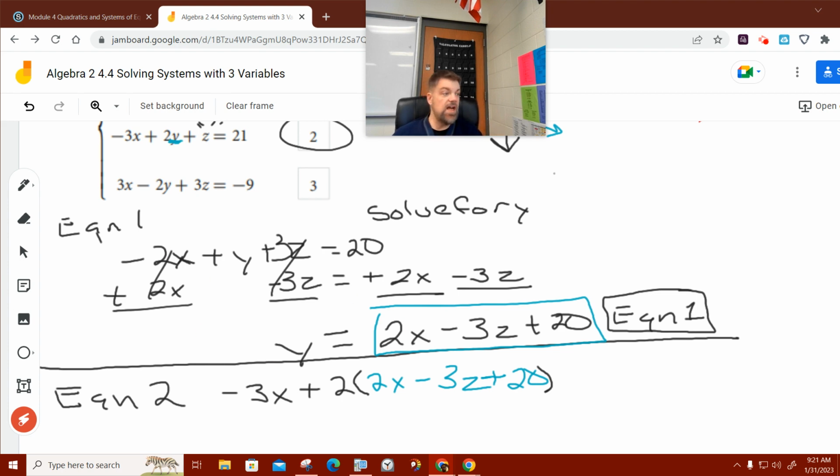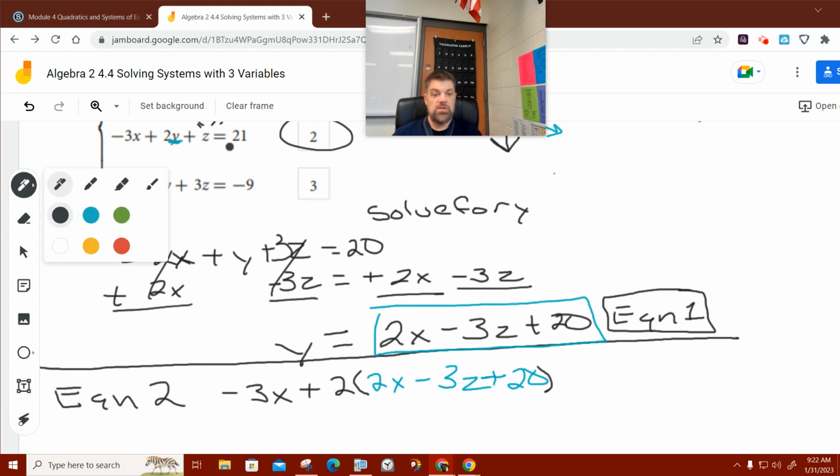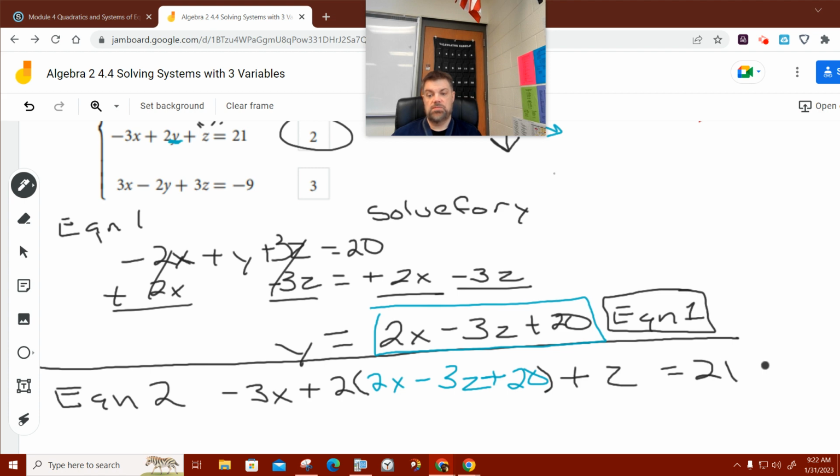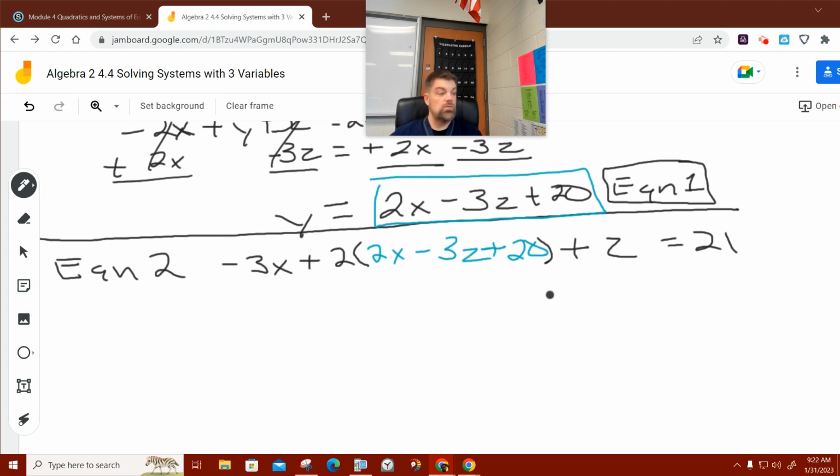All right, so I still have to finish this equation. What's the next thing I need to write down? Plus z, right? So right here I have a plus z equals 21. Now, when I do that, I'm going to have to push this 2 through the parentheses.